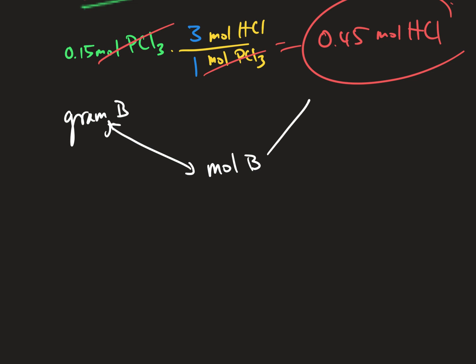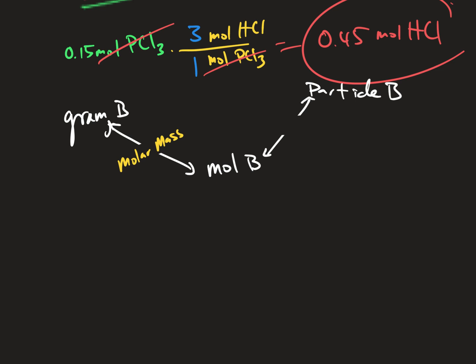And then from moles of B, we can go to particles of B. And how do we do that? From grams to moles or moles to grams, we use the molar mass. Do we all understand the molar mass? Yes?